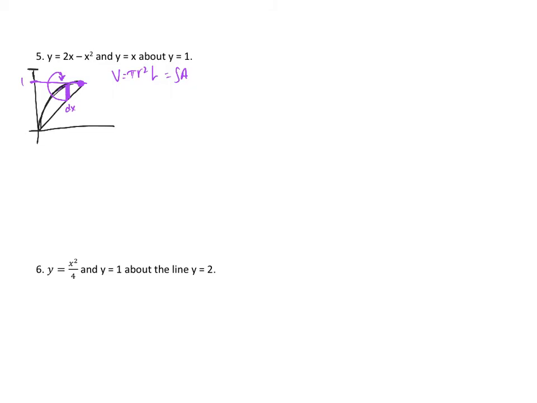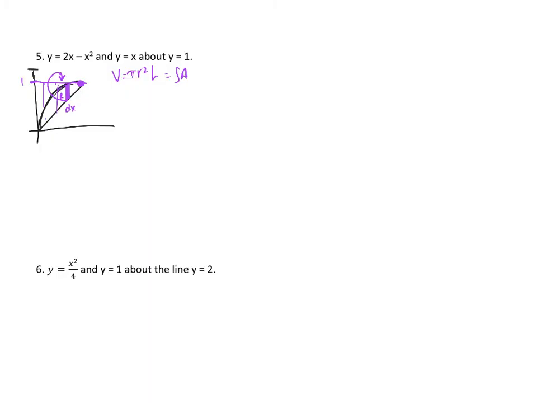This is a washer method, but I've got 2 radii here, and I'm shifted up off. So the first radius is going to be 1 minus that equation. That's going to be my bigger radius. The second one will be 1 minus, 1 minus this one right there, my smaller equation.